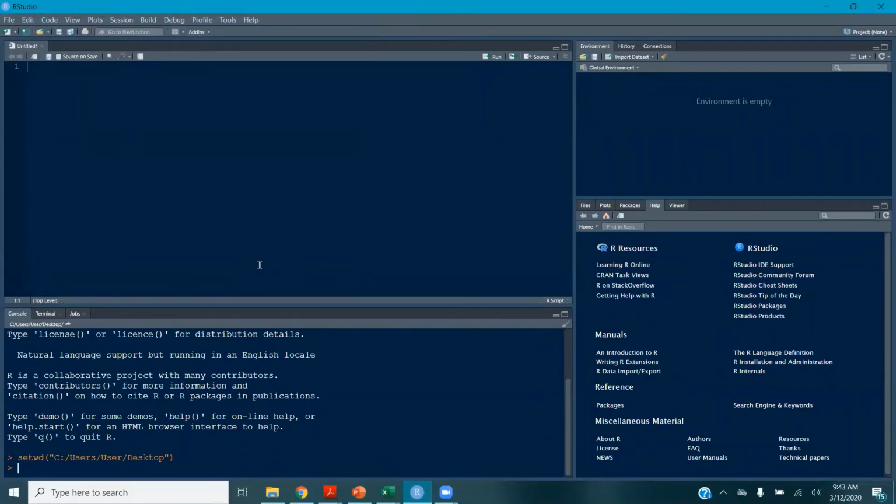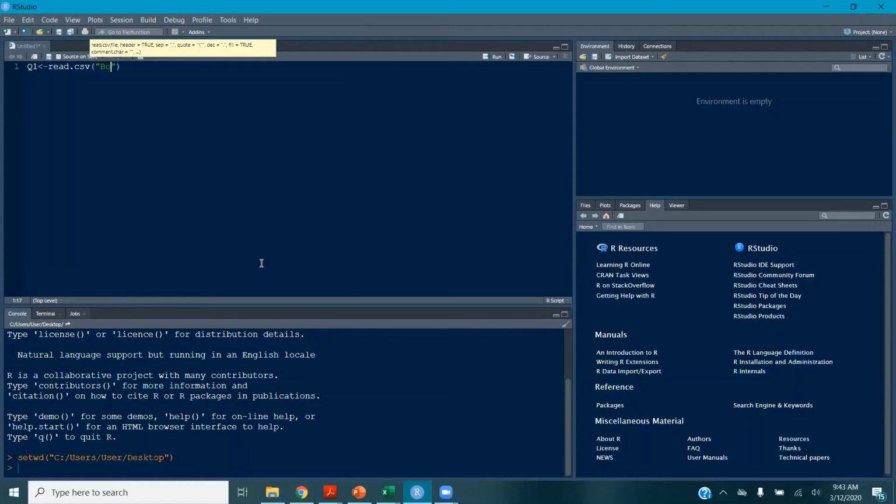Now we need to load in the data and save it to a variable. I'm just going to call this variable Q1 for question 1 from this chapter. We use the arrow sign to assign data to a variable. We're going to read the CSV, so read.csv. And I called my data body weight.